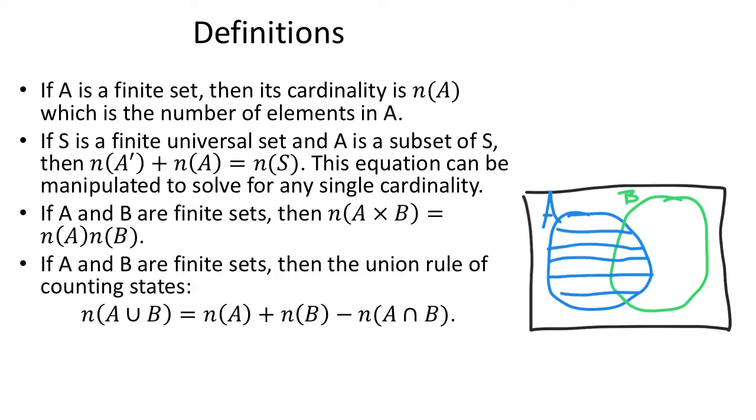When we count everything in A, we have naturally counted everything in this intersection. But then when we count the number in B, we're counting everything in this circle. Oh look, we're double counting here in the intersection. That's cross-hatched. I counted everything in A, I counted everything in B, so everything in this intersection has been counted twice.